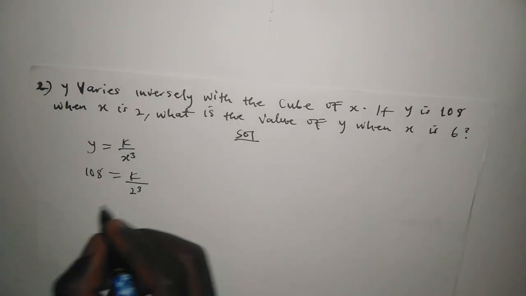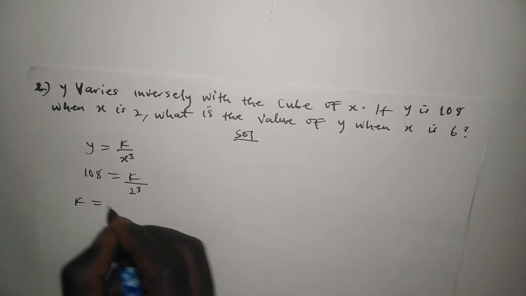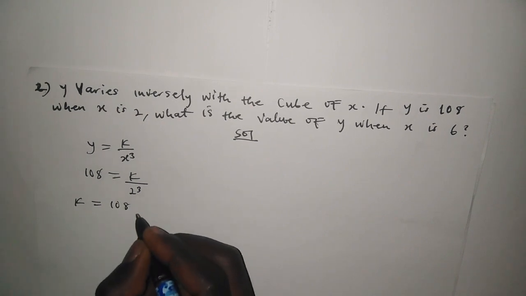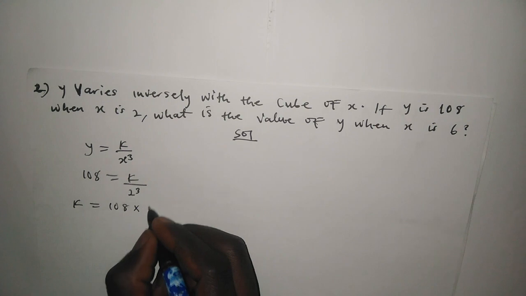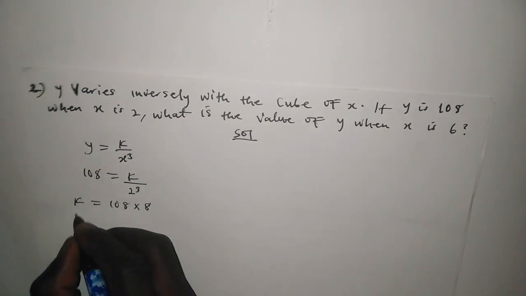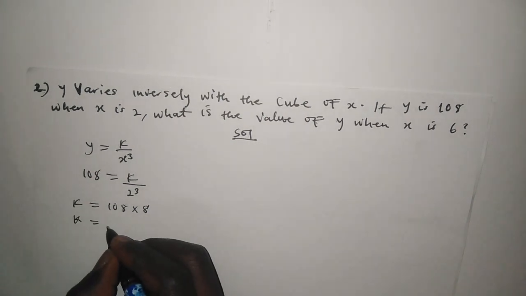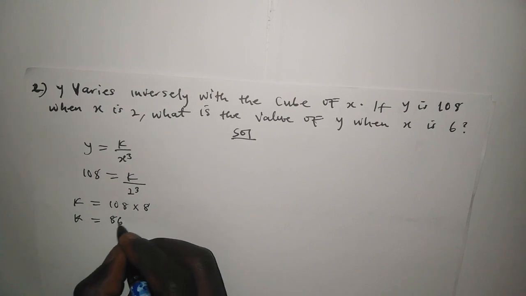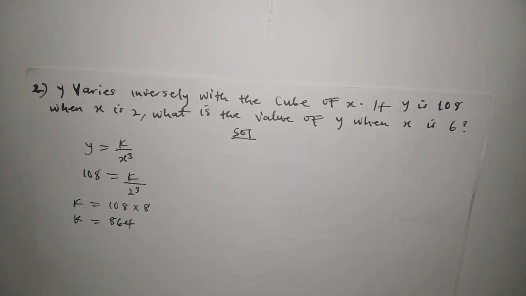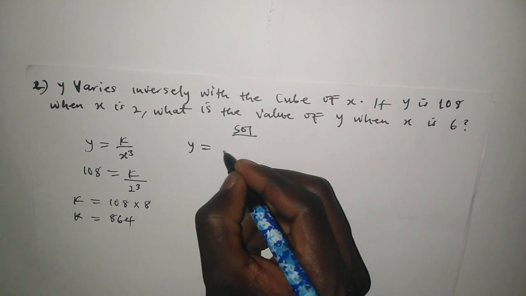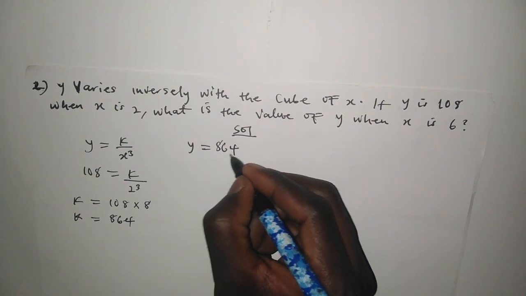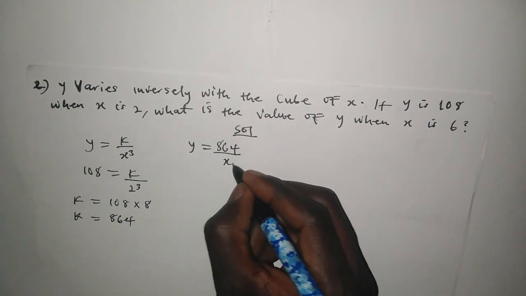We cross multiply. K will be equal to 108 multiplied by 2 cubed, which is 8. K is equal to 864. That's 108 multiplied by 8. Putting that into the equation, we have y is equal to 864 all over x cube.